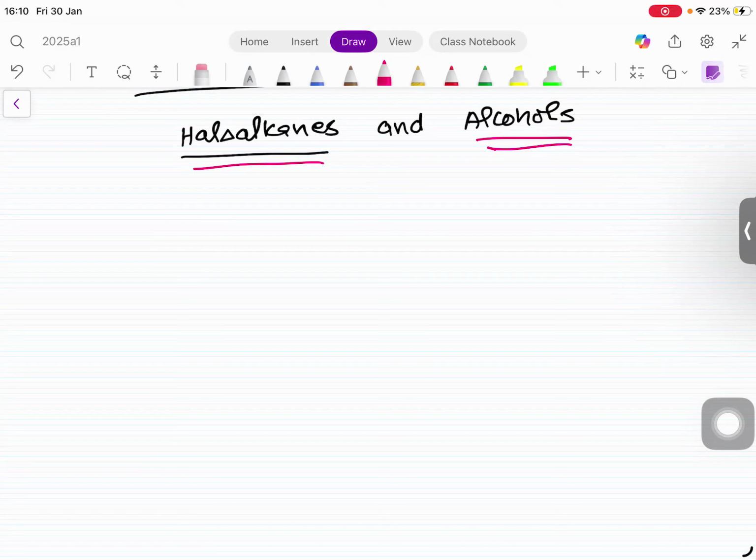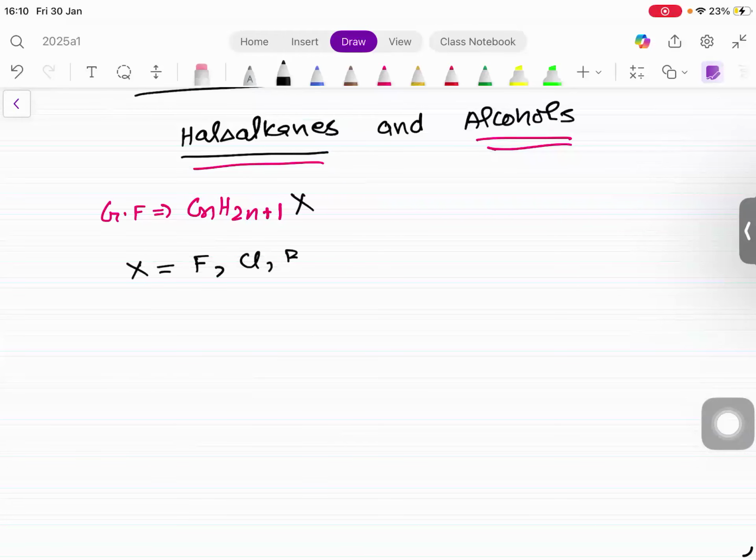In haloalkanes, also called halogenoalkanes or alkyl halides, the other element is halogen. The general formula for these compounds is CnH2n+1 X, where X is either fluorine, chlorine, bromine, iodine, or astatine. Any halogen, any group 7 element, right?